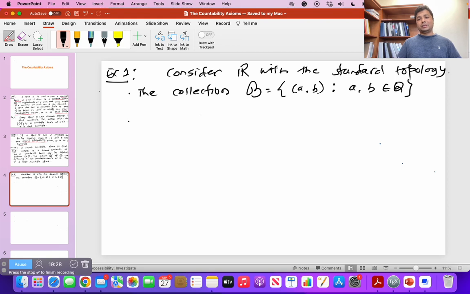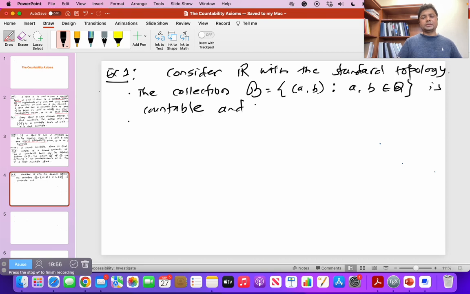Since A and B, the endpoints of our intervals, are both rational numbers, the collection of those intervals is going to be countable.